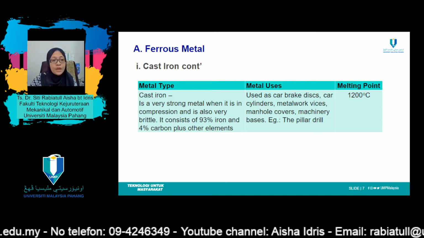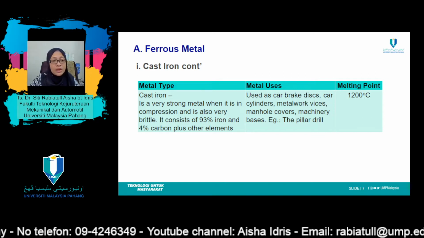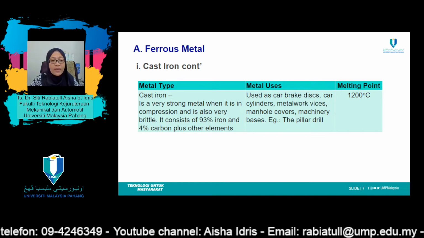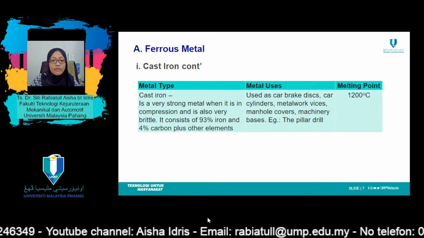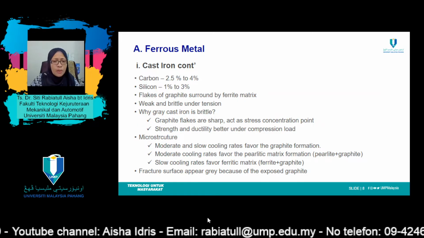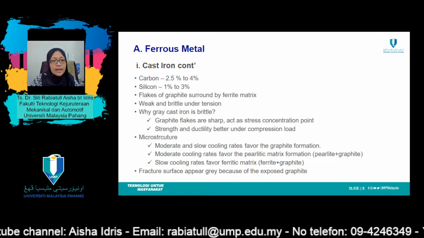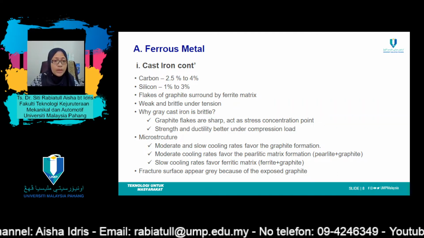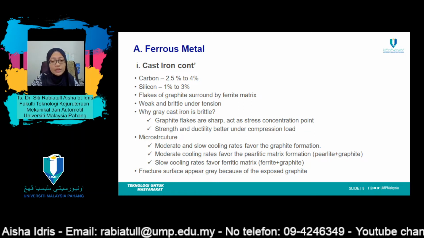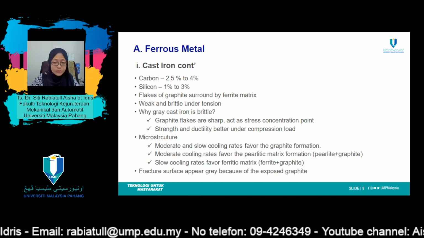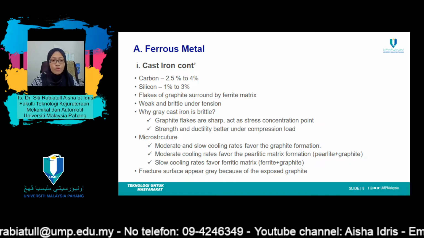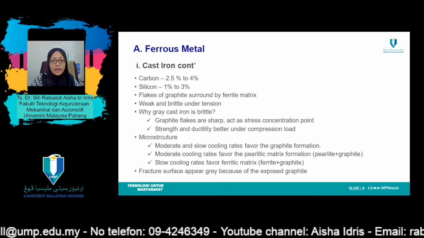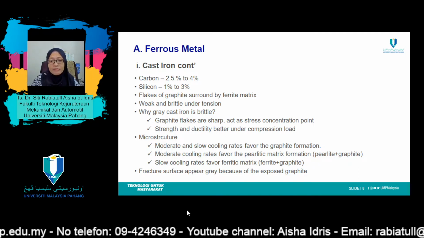Also, slower cooling rates during solidification favor graphitization, or the formation of graphite. For most cast irons, the carbon exists as graphite, and both microstructure and mechanical behavior depend on composition and heat treatment. The most common cast iron types are grey, nodular, white, malleable, and compacted graphite.